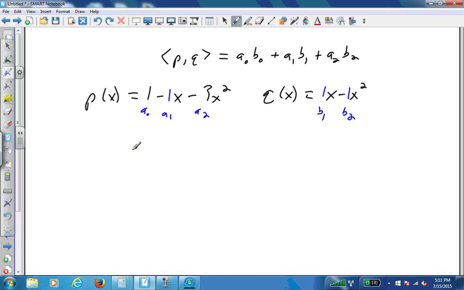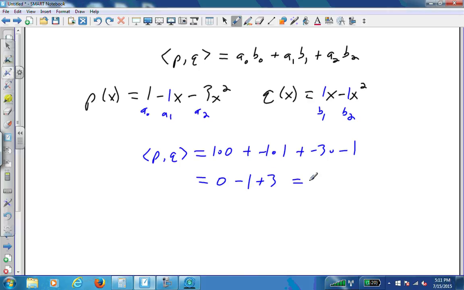So if we want the inner product here, we would have 1 times 0 plus negative 1 times 1 plus negative 3 times negative 1. So 0 minus 1 plus 3, or 2.